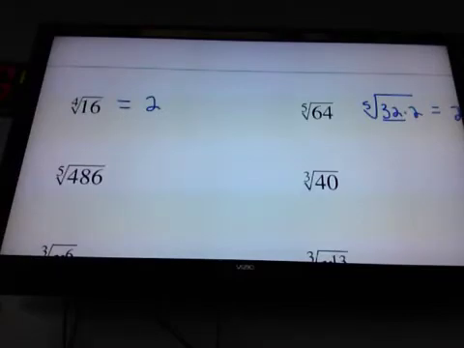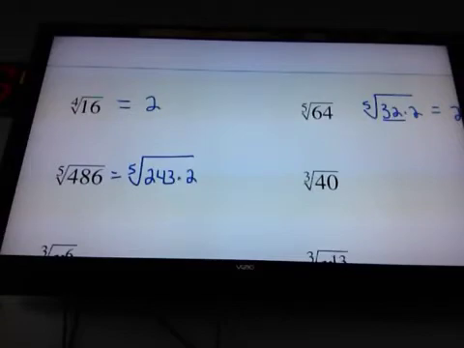So again, if you look at your little chart from above, 486 is not a perfect fifth root, but one of those numbers, 243, divides in there. So this breaks to 243 times 2. The fifth root of 243 is 3, leaving me fifth root 2.